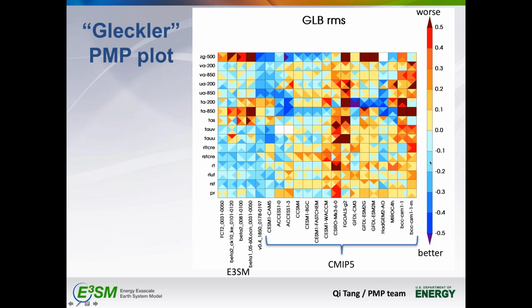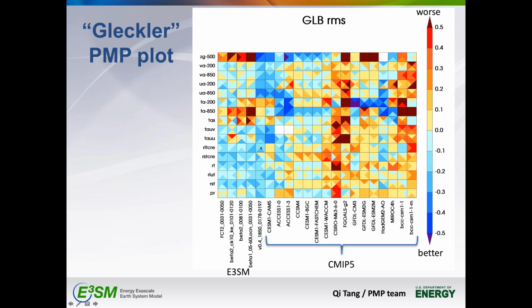The coloring is a measure of the relative scale of the global RMS compared to the entire ensemble. The warm colors, yellow to red, mean that the model is performing worse than the ensemble, and the blue colors mean that the model is performing better than the ensemble for the global RMS for that particular variable. This is also using, for FCT2, the last 20 years climatology.